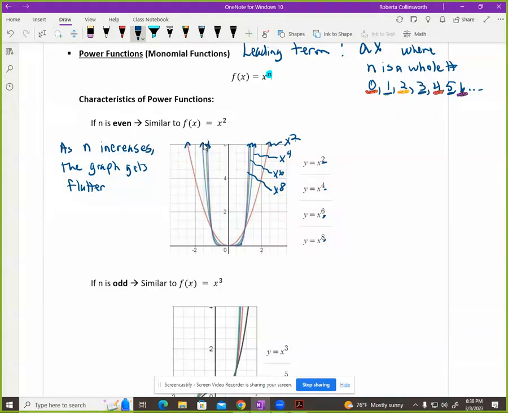So I have a smaller interval along my x-axis, so it means that the interval is getting smaller between those parts. I'm just going to write that. The graph gets flatter. So over here, let's also look at for even powers, the graph has the same end result.